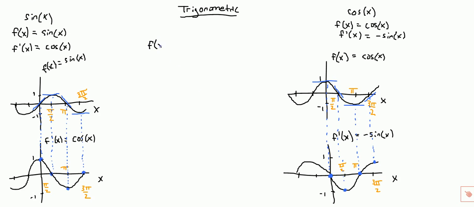Let's see what happens if we keep taking the derivative of sine of x. Okay, so f prime of x, we just learned that the derivative of sine is cosine. And if we take another derivative, we know that the derivative of cosine is negative sine.